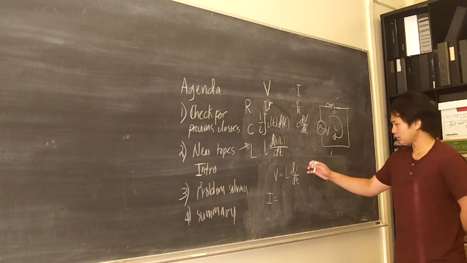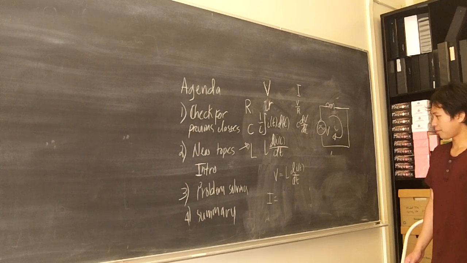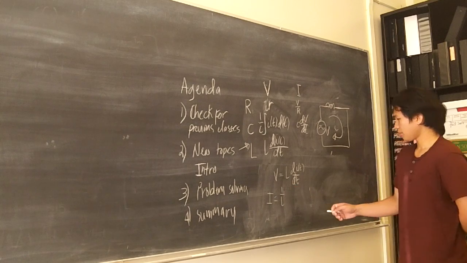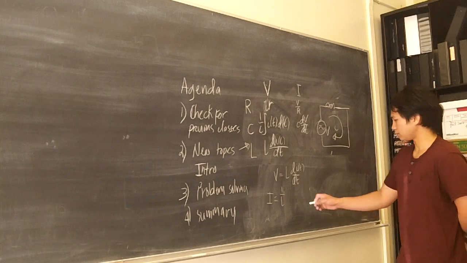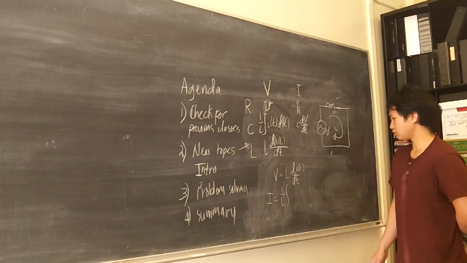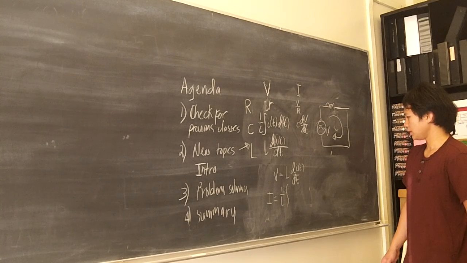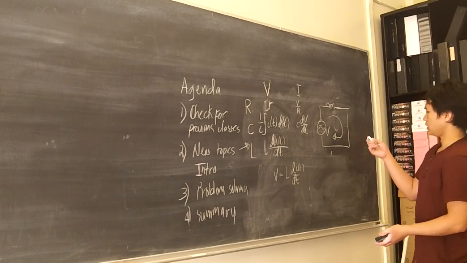It's the same, but with 1 over L. So we would like to get v dt. L di over dt, C dv over dt.